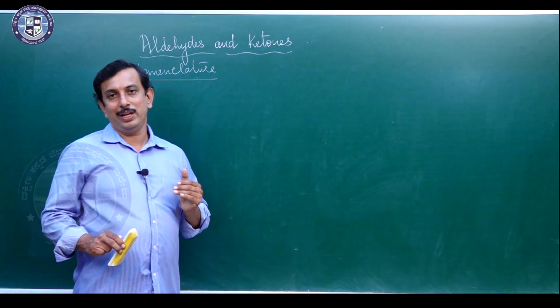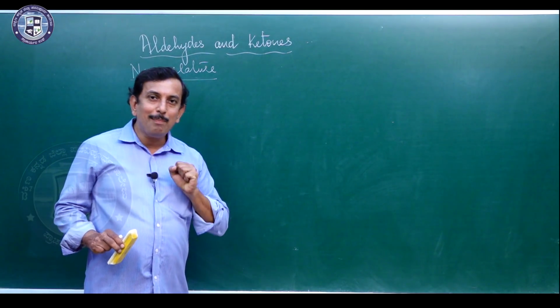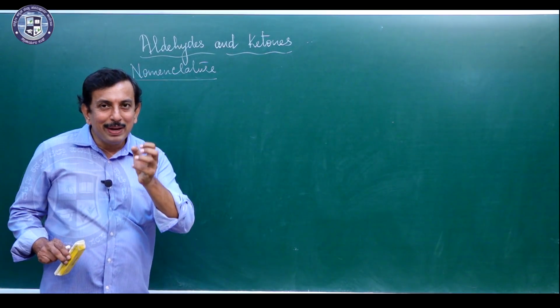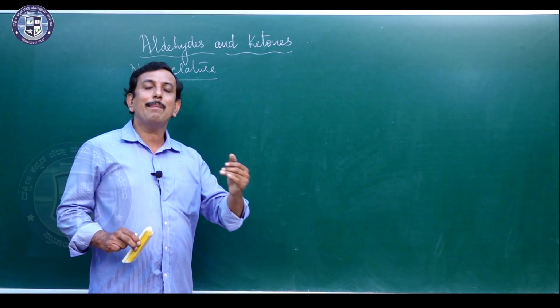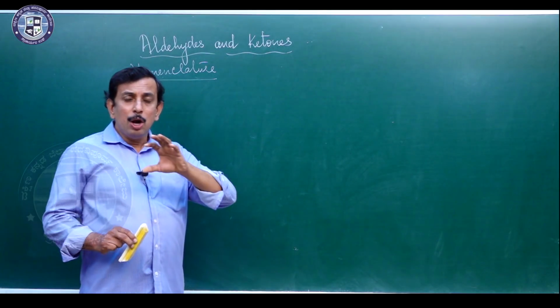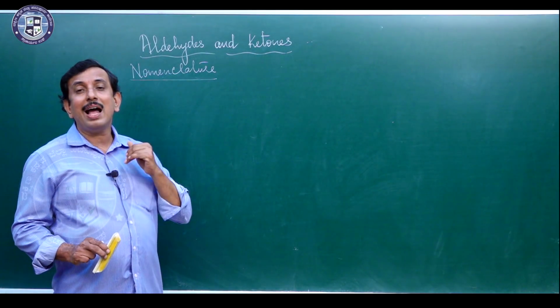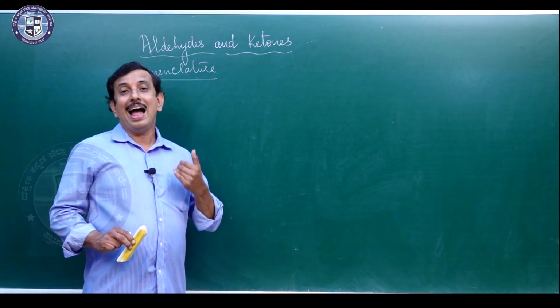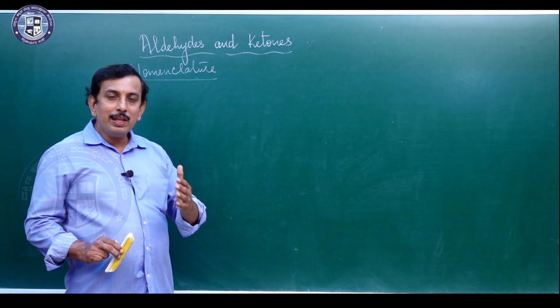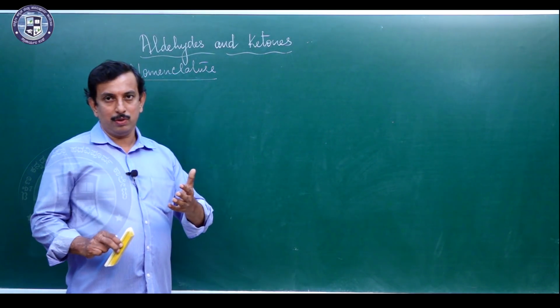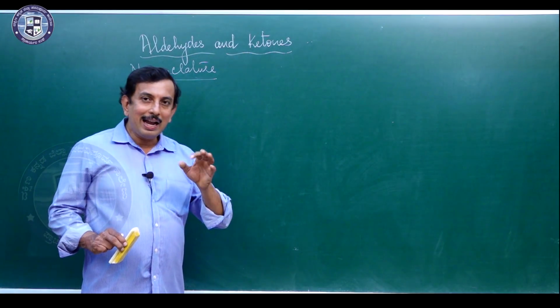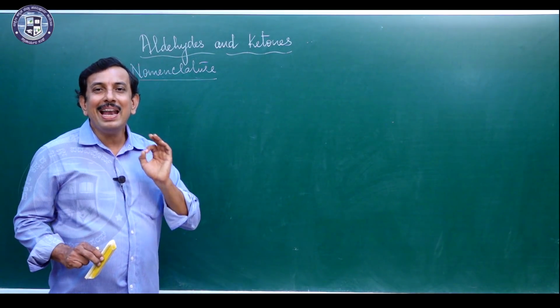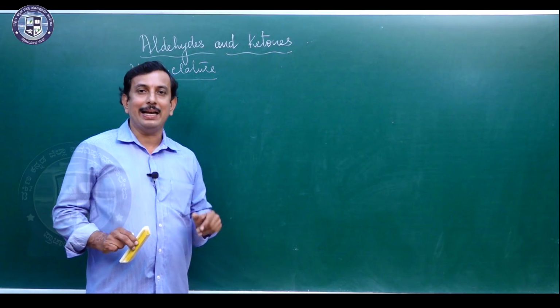What I am trying to do here is give a few examples, and based on that bring in a few rules so that I can apply them. To give a basic understanding of the IUPAC nomenclature of aldehydes and ketones, we categorize the aldehydes mainly into aliphatic and aromatic aldehydes.